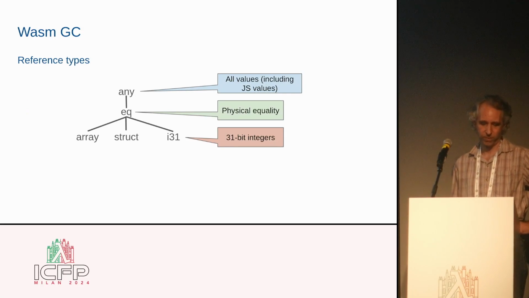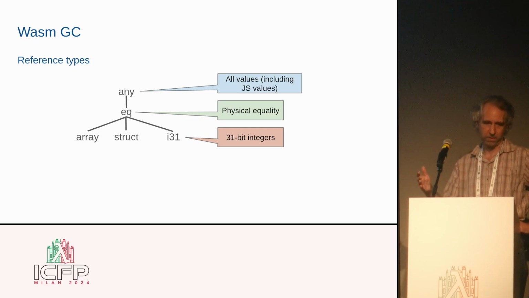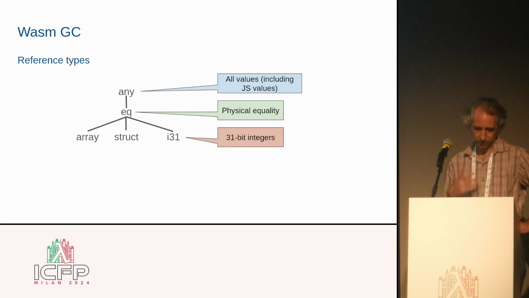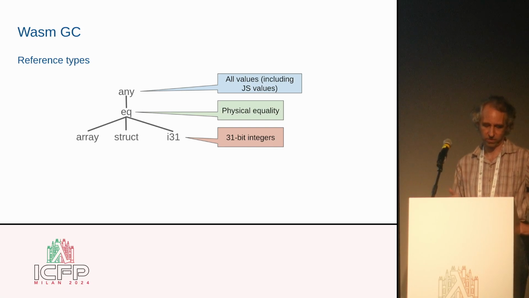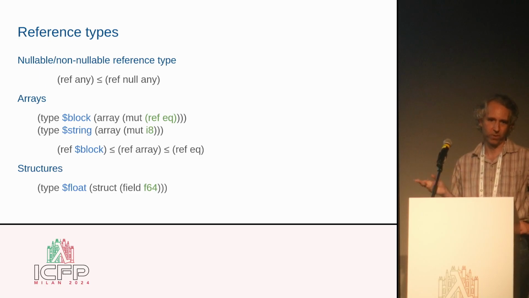It has reference types. At the top, there is any, basically the type of all values, including JavaScript values. Then there is the type eq of values with a physical equality. And then you have arrays, structs, and what is very interesting for OCaml is that you have integers in the same hierarchy. For each type, you can specify whether it's nullable or not.